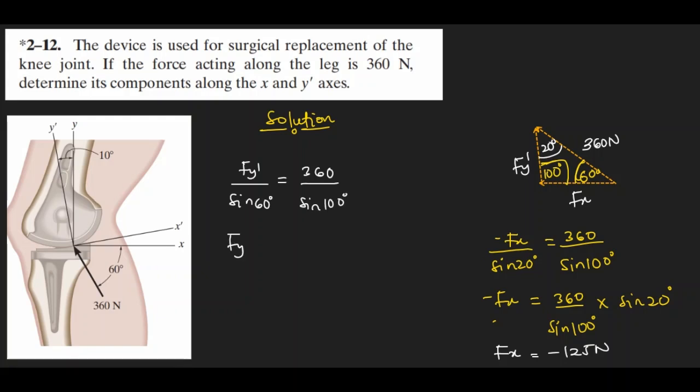We're going to have Fy prime equal to 360 Newton divided by the sine of 100 degrees multiplying sine 60. For that also, our Fy prime will give us a value of 317 newtons. So these will be the answers for the components of the force along the x and then the y prime axis.